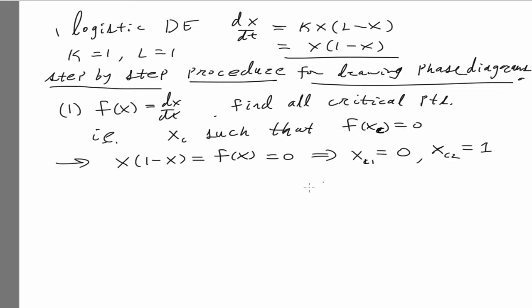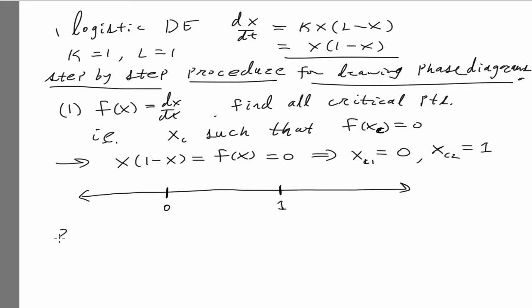So we're going to draw our phase diagram again as a line like that. We're going to put a 0 there, and over here, a 1.